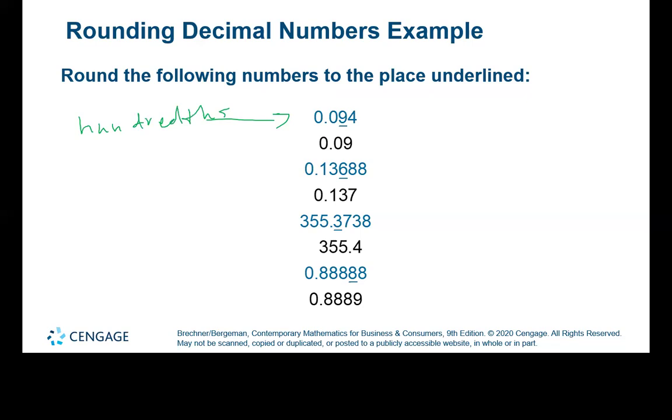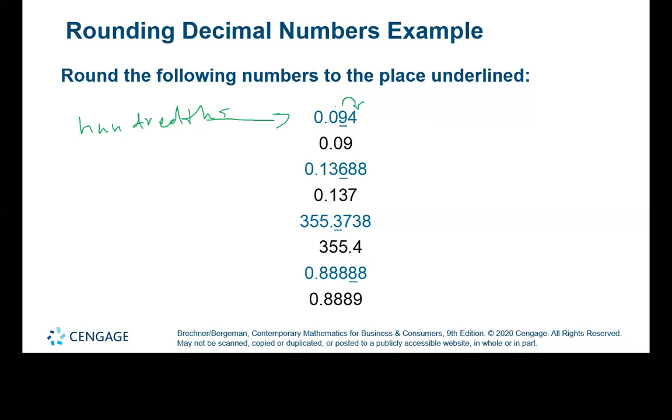So what we need to do is look behind the 9. What's behind it? It's the number 4. Since this number is 4, we're not going to round that 9. It's going to stay the same. Now, what happens to the 4? It becomes a 0, and we don't have to write the 0 at the end of the decimal.